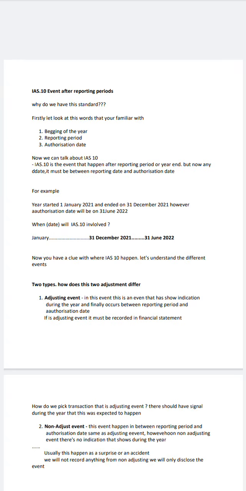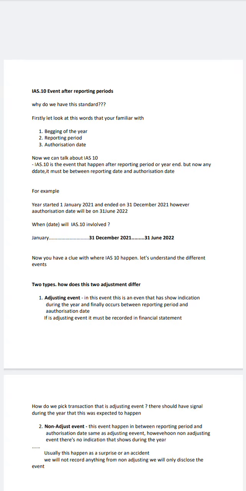So now the question is, are those who are preparing the financial statements going to finish everything on 31 December? No, they are not going to finish on 31 December, which means they must be given time to complete everything, then the statements can be authorized. I hope now it's clear.